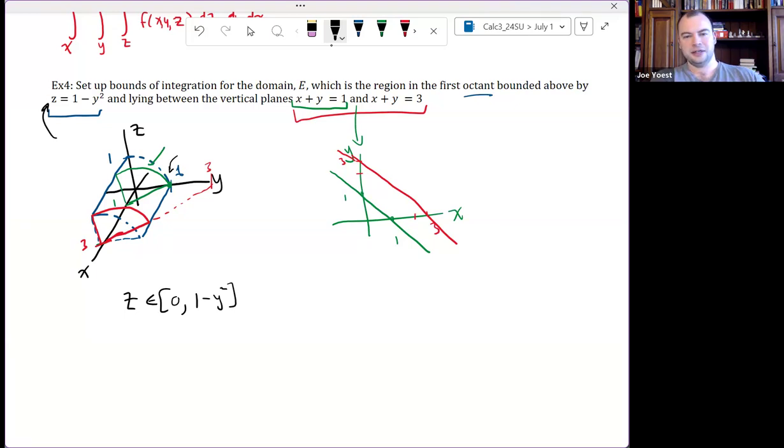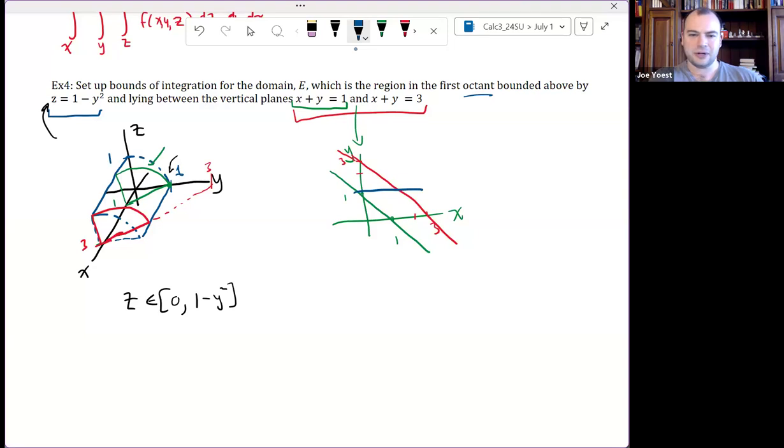Note that when this surface comes down, it doesn't allow us to access this whole region over here. We're cutting this off here.